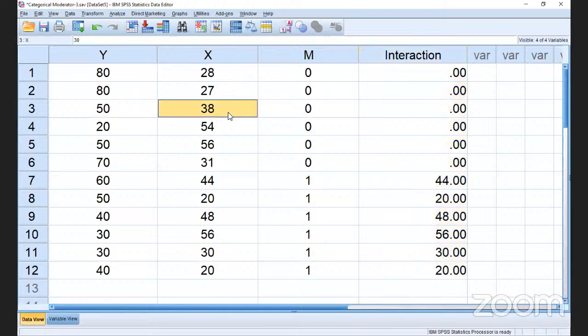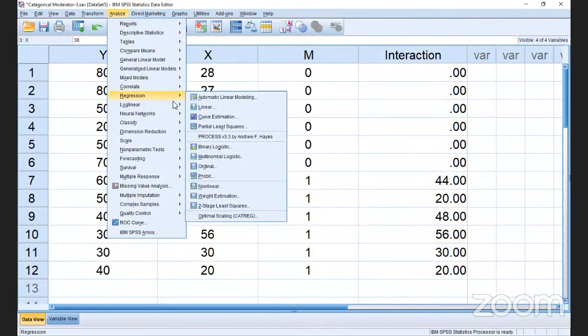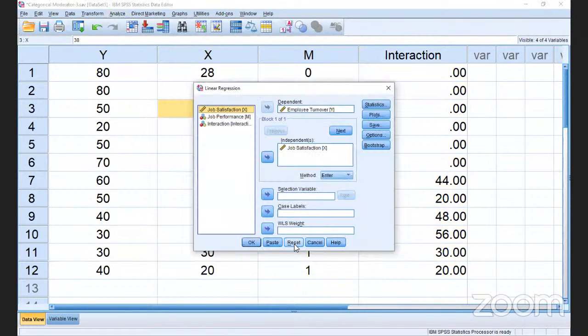Now I am using multiple regression analysis to find the impact of the interaction term. So Analyze, Regression, Linear. Here, reset.